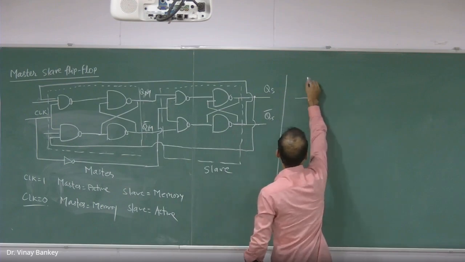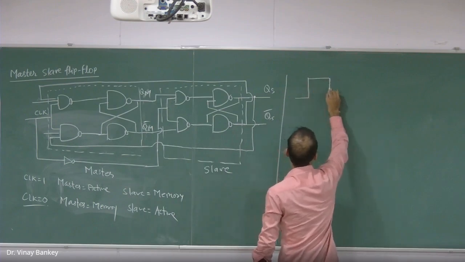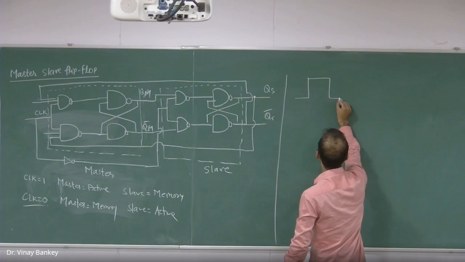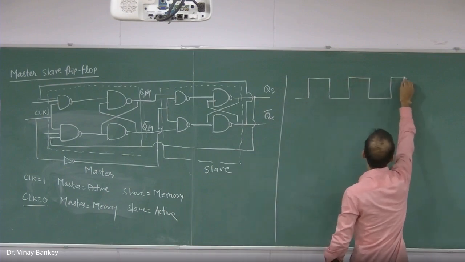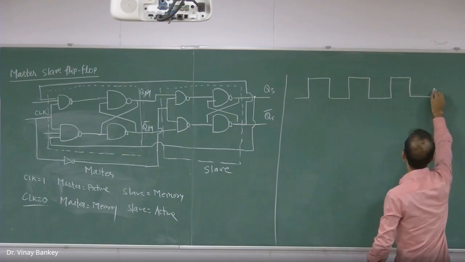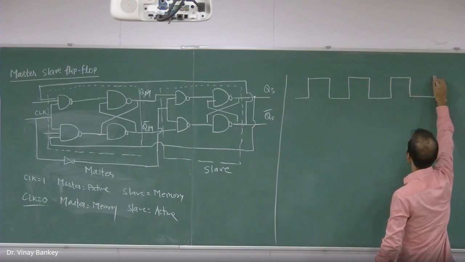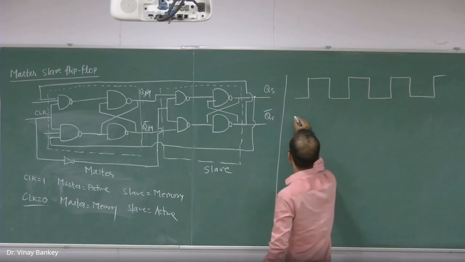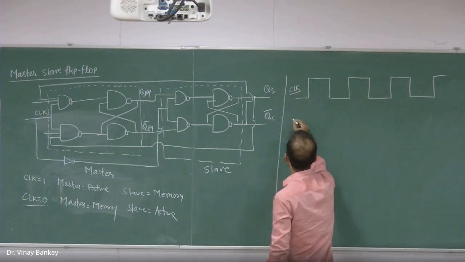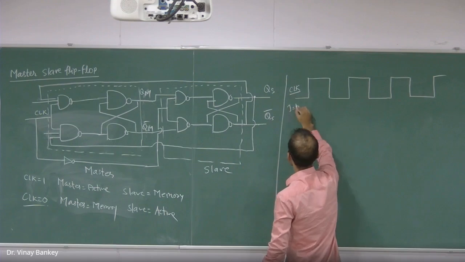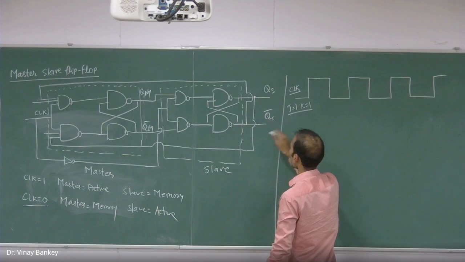We have a clock pulse here. This is my CLK. Now I assume that J is equal to 1 and K is also 1. How does this circuit behave?